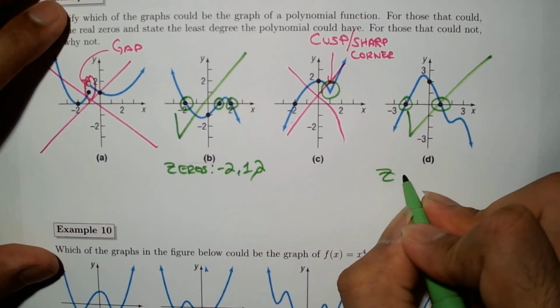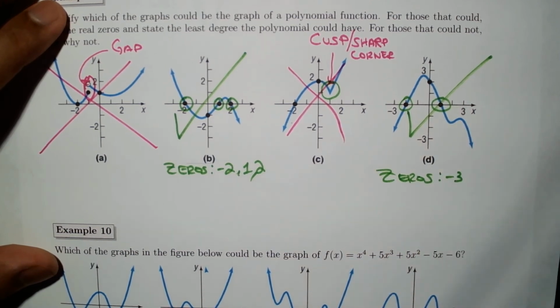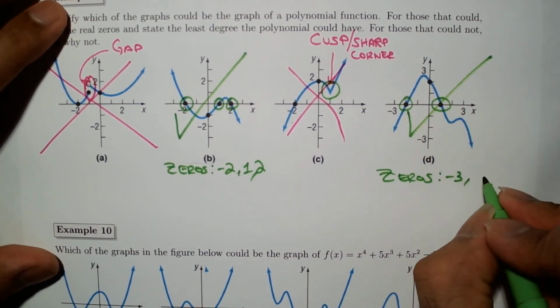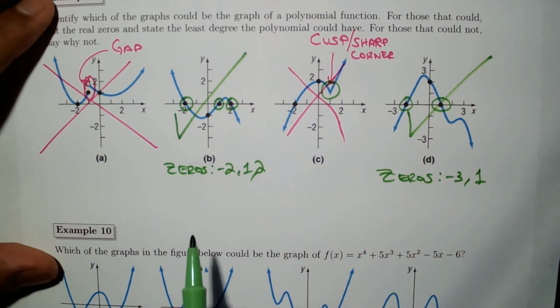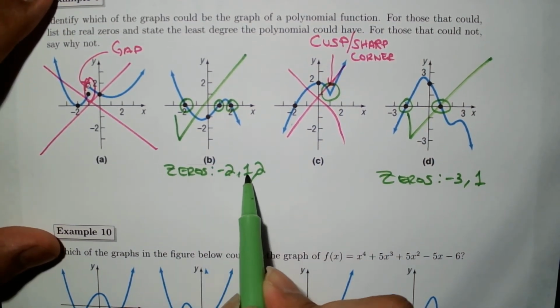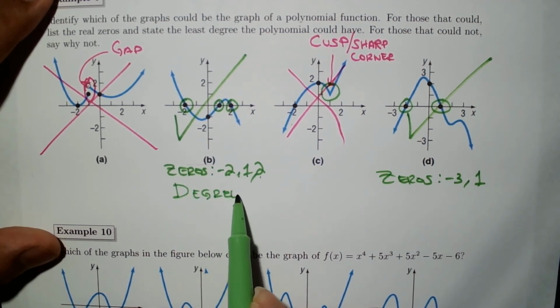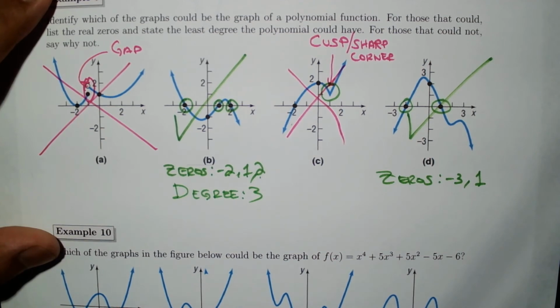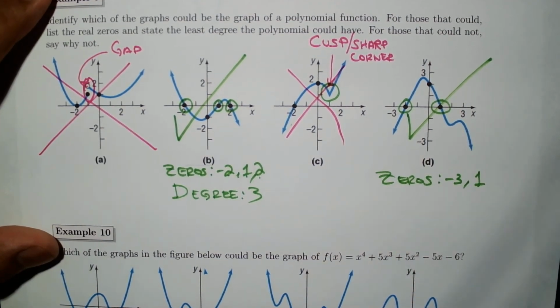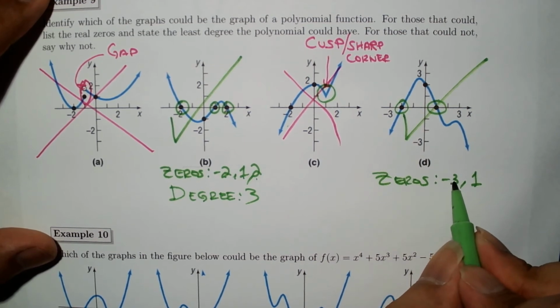One of the zeros is -3, and the other zero is 1. They're also asking us for the degree of the polynomial. In this case, we have 1, 2, 3, so the degree is 3.